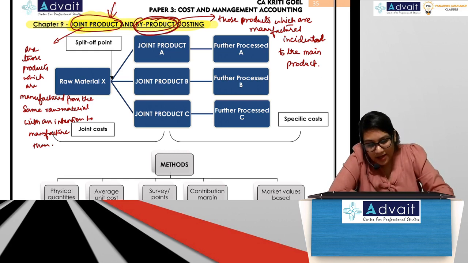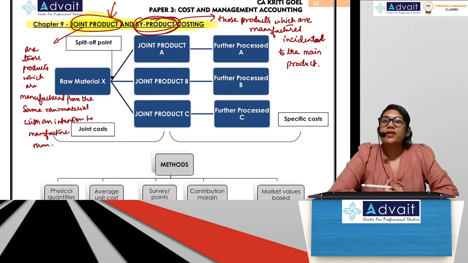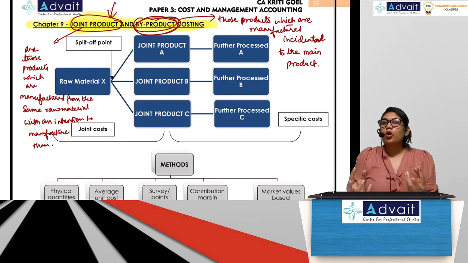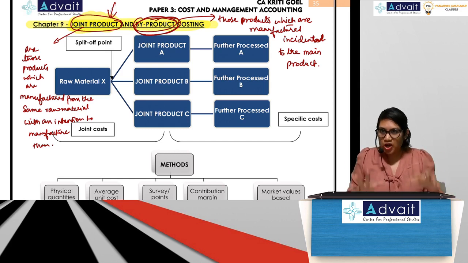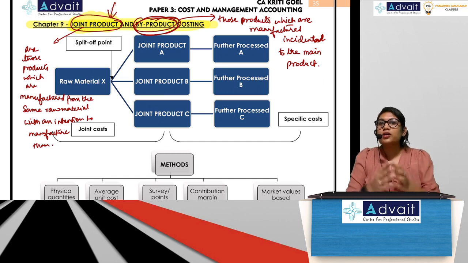That's why they are known as byproducts. So when it comes to joint products and byproducts, my treatment will be different. So let's first look at joint products, then we will move on to byproducts. Byproducts is very easy. So this chapter mainly concentrates on joint products, all those products which I intended to manufacture.